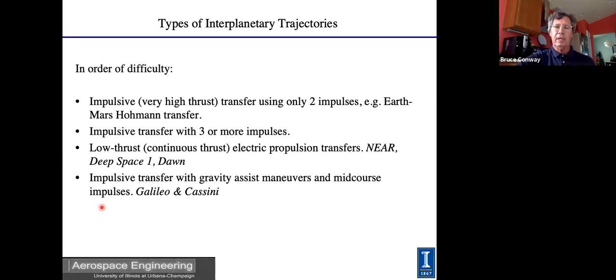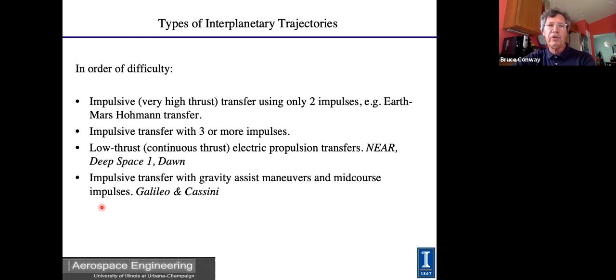But then a considerably more difficult case is that of low thrust, sometimes called continuous thrust, electric propulsion transfer. That would be exemplified by a spacecraft like NEAR, Deep Space One, which in fact in 1998 was the first one to use that technology, or the Dawn spacecraft. I'm sure you're familiar with all those missions.